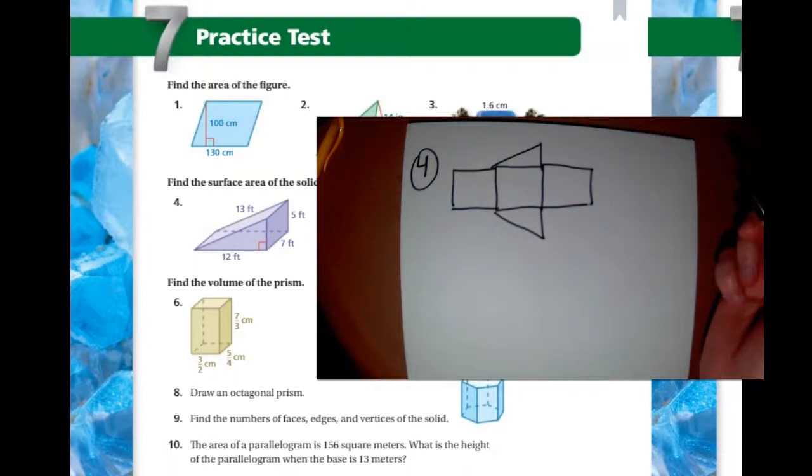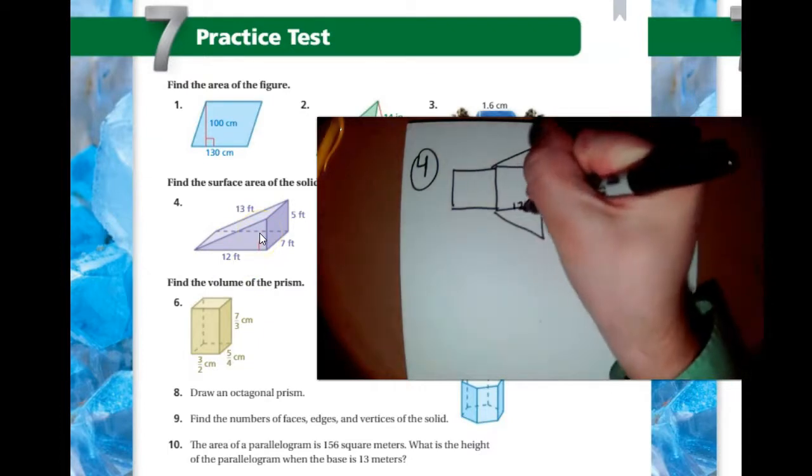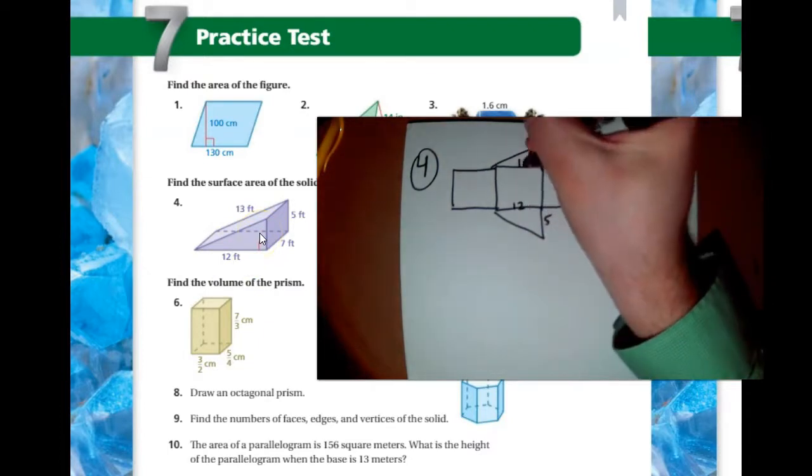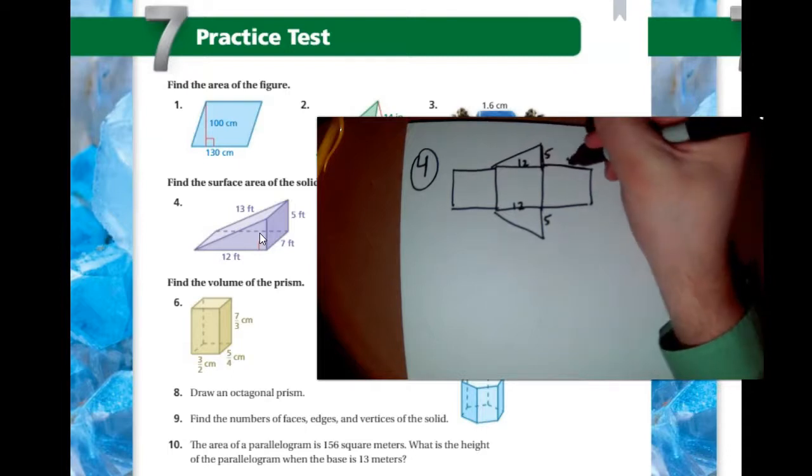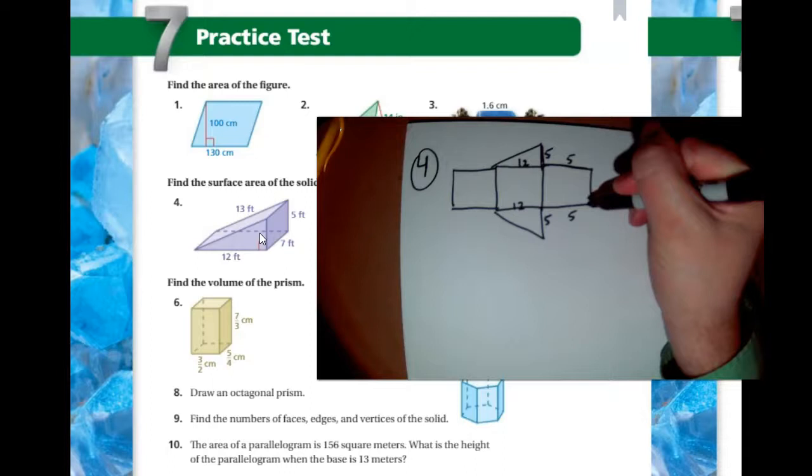So now we want to label all of our parts. If I think about my triangle, I have a triangle that is, let's see, 12 as its base, and the height is 5. So the base is 12, the height is 5, right? 12 and 5. If these two edges are touching, then these are also 5s, right?